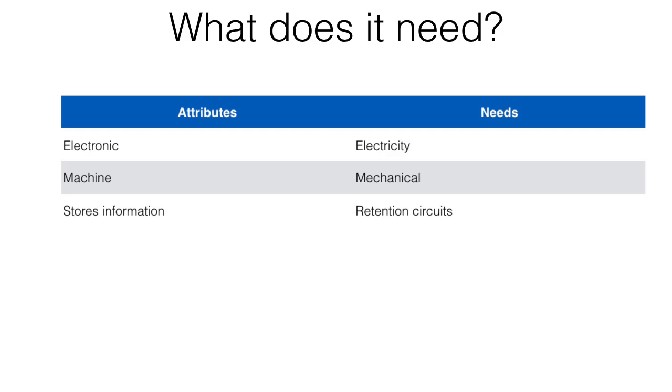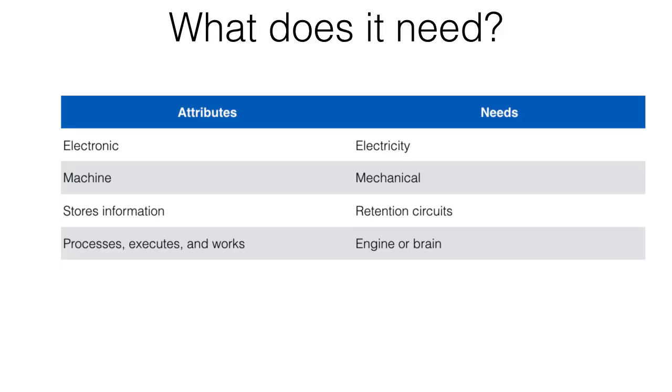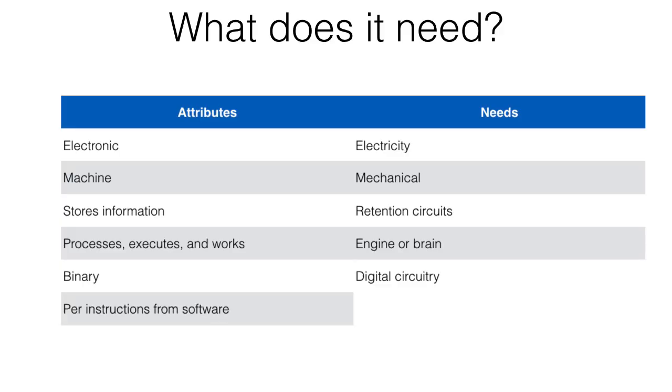How are we storing this information? It needs to be able to do what? It runs processes, it executes, and it works. So it's got an engine or a brain, and that's our CPU. It needs binary. One of the attributes is binary. That means digital circuits. Okay? Digital circuits. And it's going to do its processes per the instructions that it receives from what?